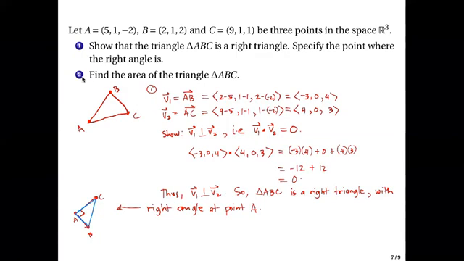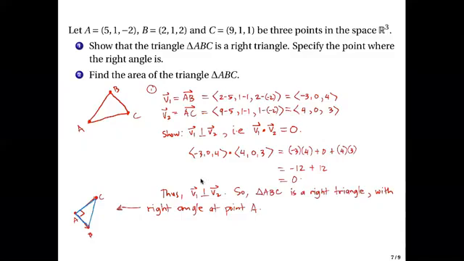For the second problem here, we want to find the area of the triangle. So all we need to do is to find the cross product of these two vectors, and then we get the norm. Correct? That's one way.